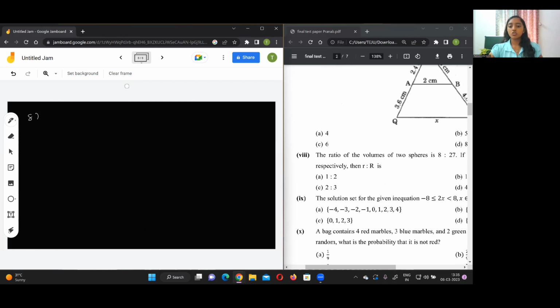What it says is that the ratio of the volumes of two spheres is 8:27. So the volume formula is 4/3 pi r cube, right?